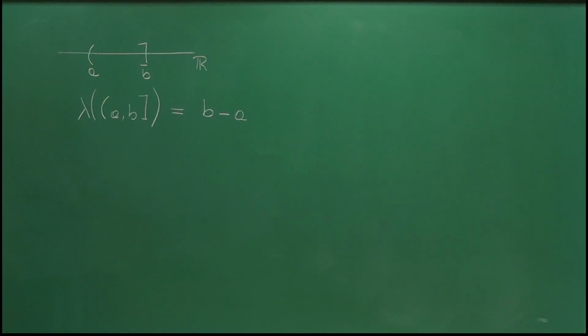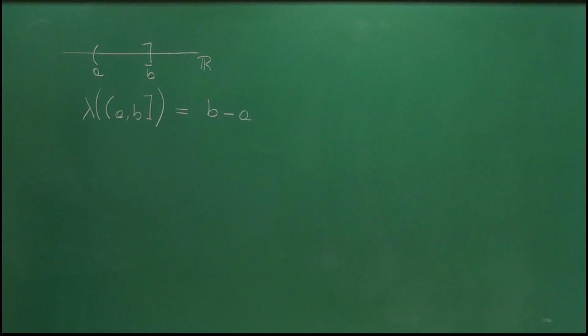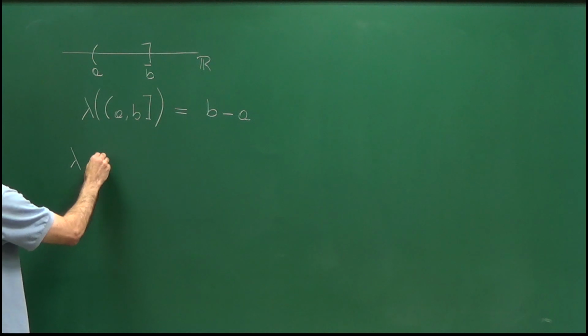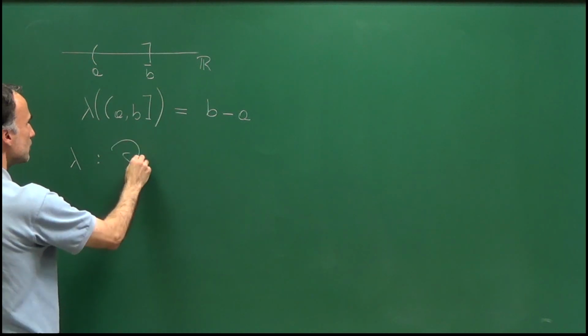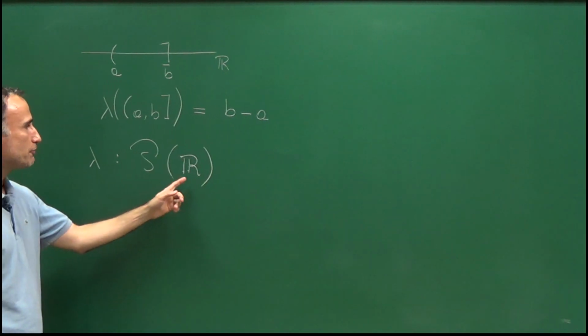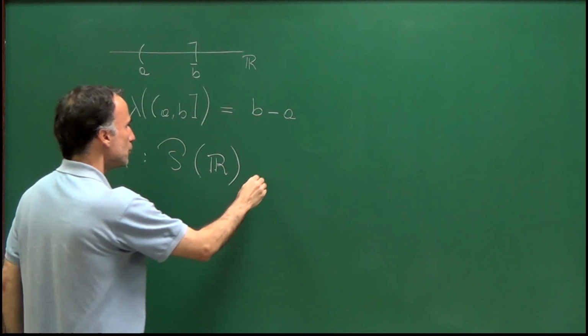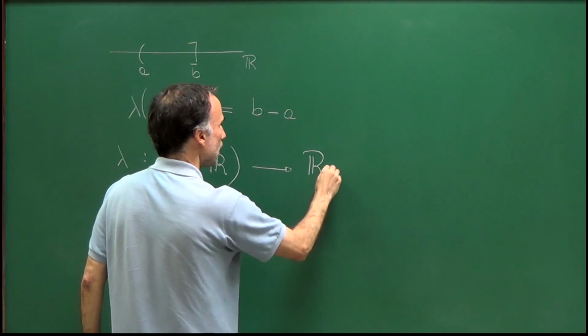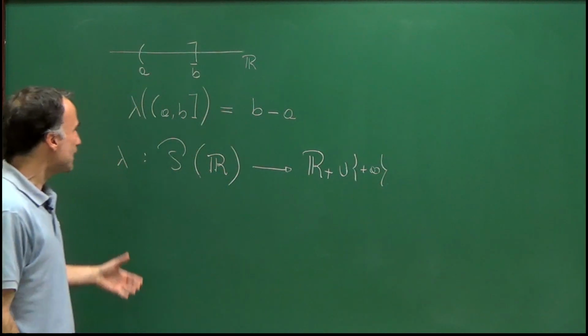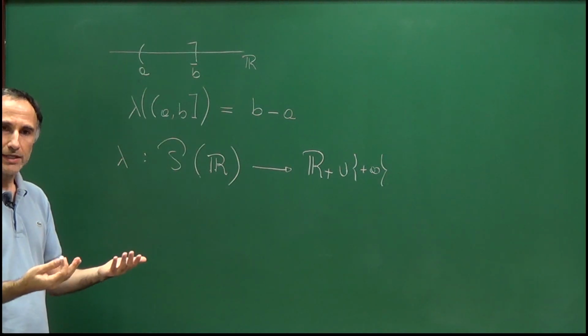So what we would like to do in these lectures is to extend this function to a function which is defined on all subsets of R. So my goal will be to try to find a function, lambda, defined on all subsets of R, and I'm representing by P of R all the subsets of R, to the set R plus union plus infinity, which extends the idea of length.